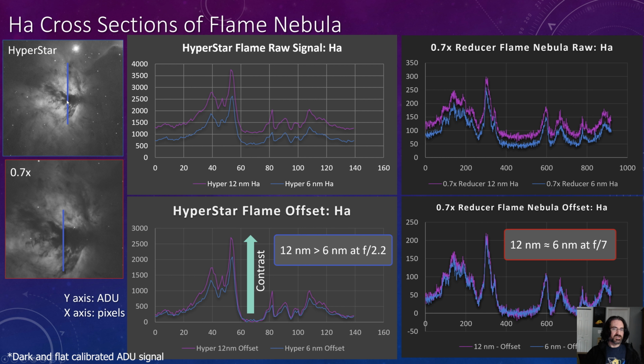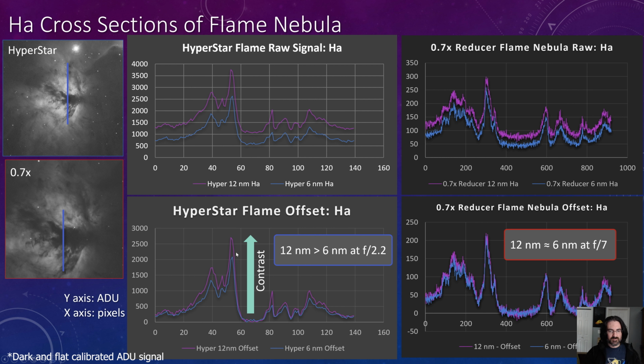The dark region here corresponds to this part of our cross-section. If we define this as background and subtract out that signal, we get the trace that we see on the bottom. So essentially, the difference between background and the top peak of our signal is going to be contrast. The higher this is, the bigger the difference between a bright region and a dark region.